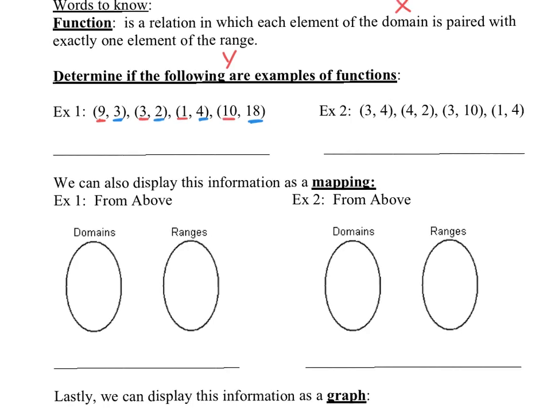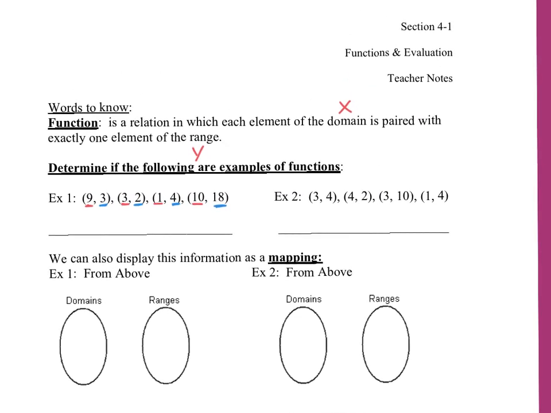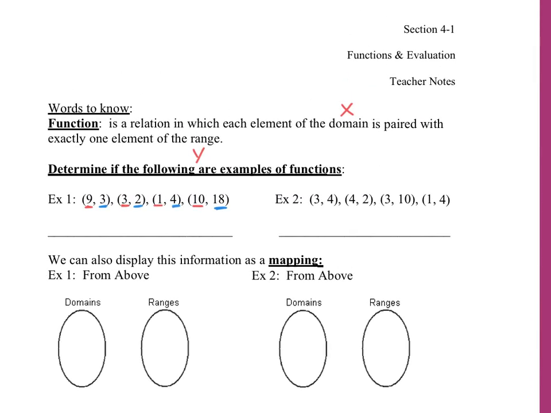Okay, and how we're going to think about this, because it can get a little bit confusing, and I want you to write this up at the top. Think about x's as being people, okay? Your ex-girlfriends, your ex-boyfriends, they are people, okay? And then think about y's being birthdays.